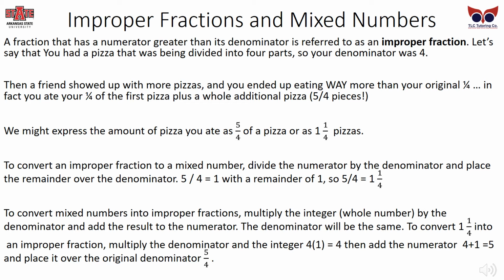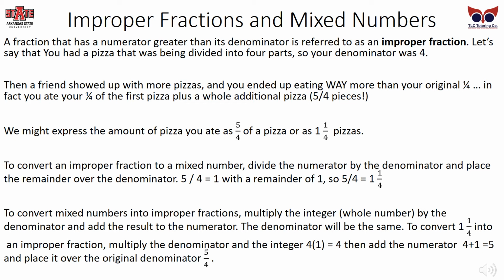In fact, you ate your 1/4 of the first pizza plus a whole additional pizza, 5 out of 4 pieces. We might express the amount of pizza you ate as 5/4 of a pizza, or as 1 1/4 pizzas. To convert an improper fraction to a mixed number, divide the numerator by the denominator and place the remainder over the denominator.